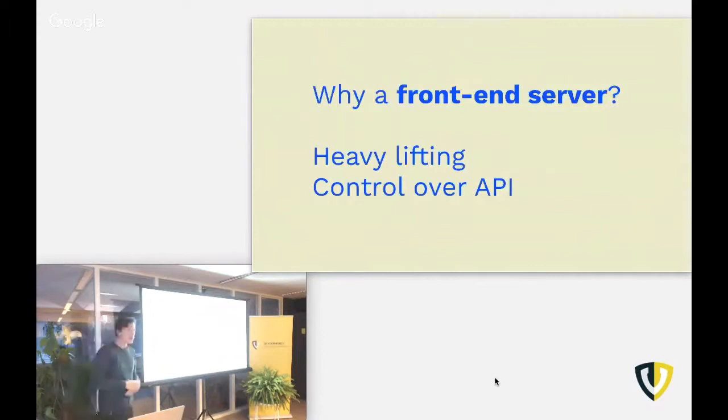Well, all the heavy lifting, like consolidating and reformatting all the data from the backend. If you do it all on the front end, it gets really heavy on the browser. So we just put it on the front end server. And also we have control over the API. So now we could build an actual RESTful API that was predictable and well documented, etc.